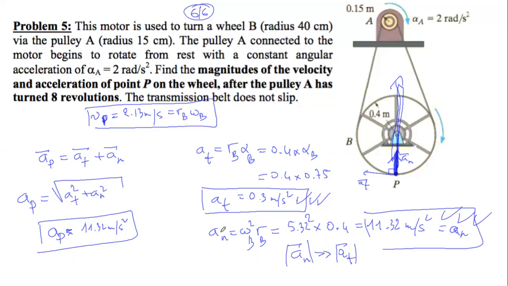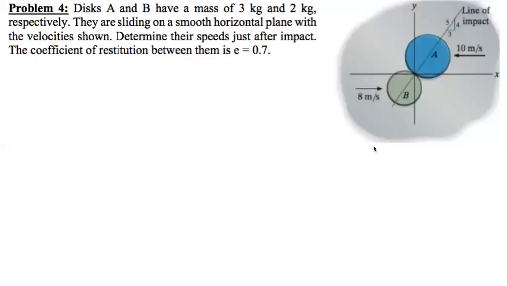Now let's move to the next problem. Okay, so for this problem, number 4, not a difficult problem, maybe it's long, but you can solve it. You have solved these types of problems in class. So we have 2 disks, A and B, and I give you the mass.